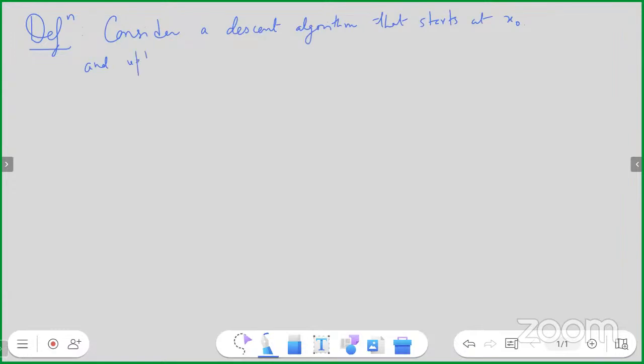So, definition. We briefly mentioned it, I didn't stress it enough, so let's see. Consider a descent algorithm that starts at x0, or x1 if you like, and updates are x1, x2, xk.